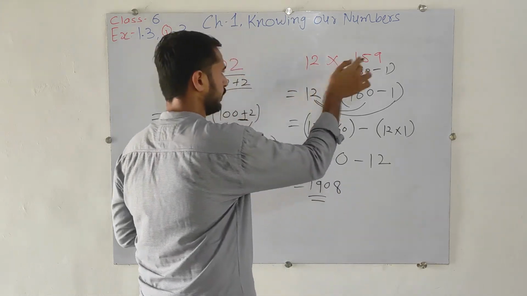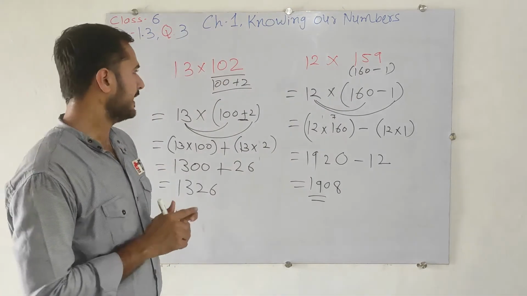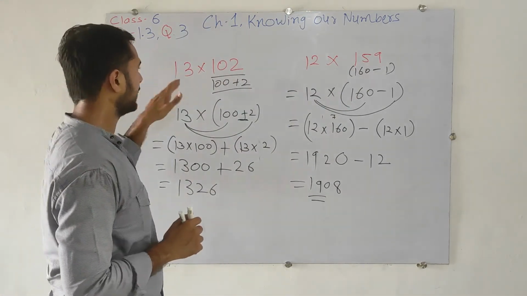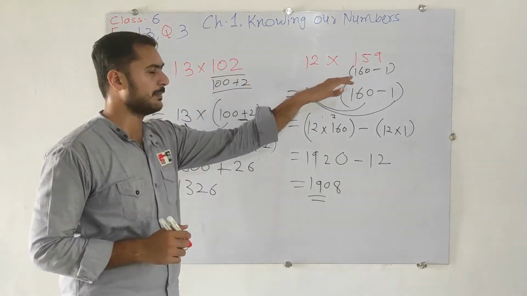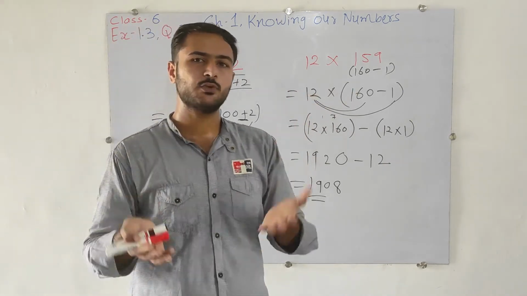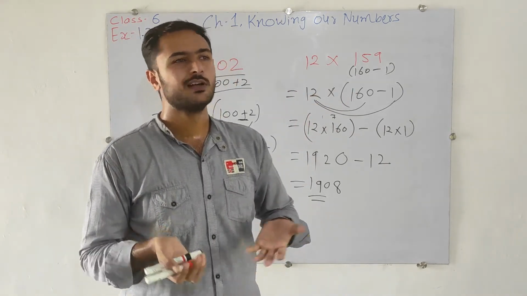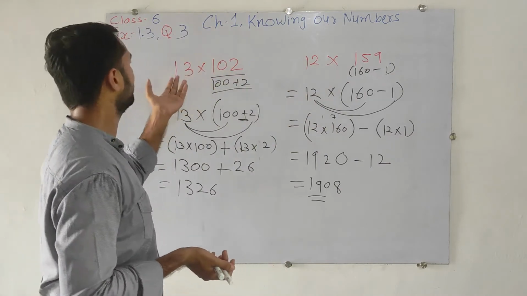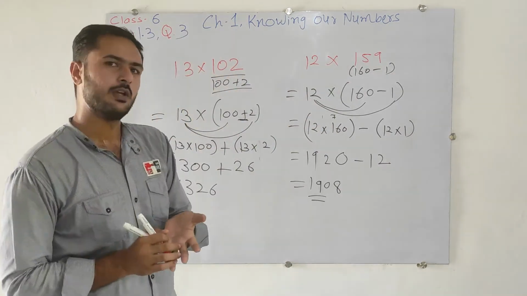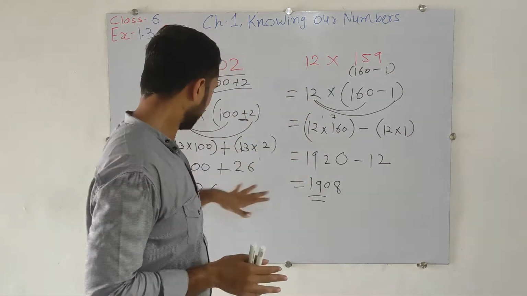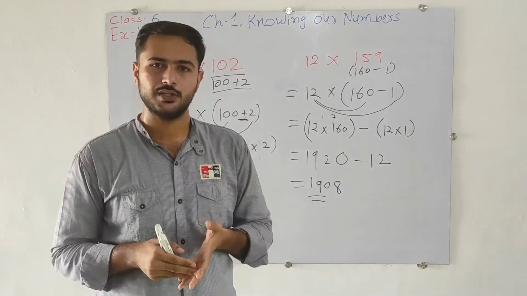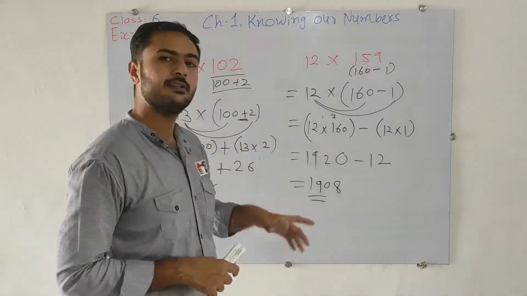This is the final answer for this question. You can verify the answers by the actual calculation of 13 multiplied by 102 and 12 multiplied by 159, as we know how to do the multiplication of 2 digits and 3 digits. Now again, pause the video and note it down.